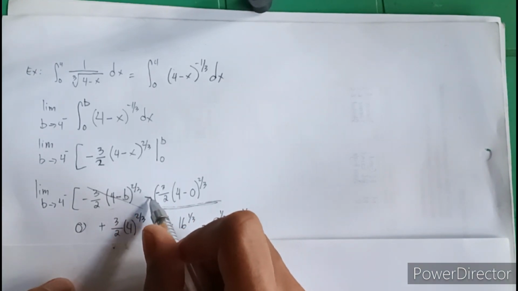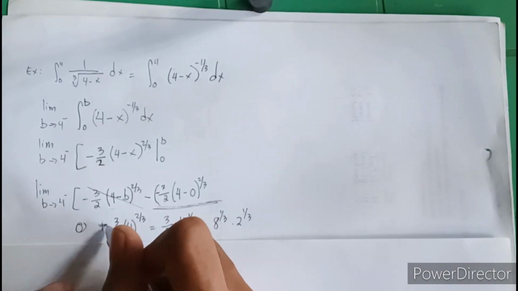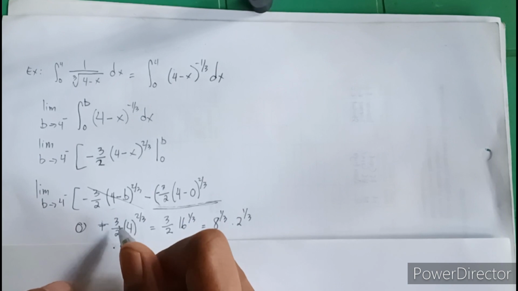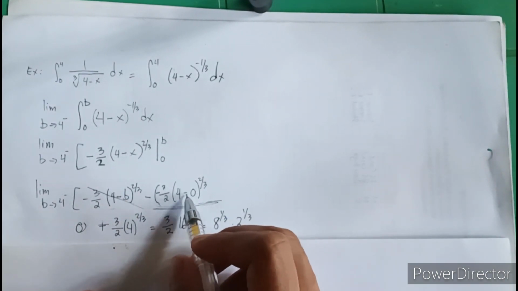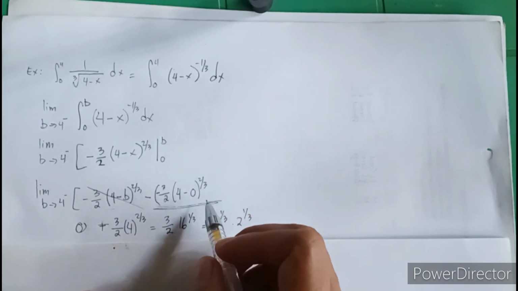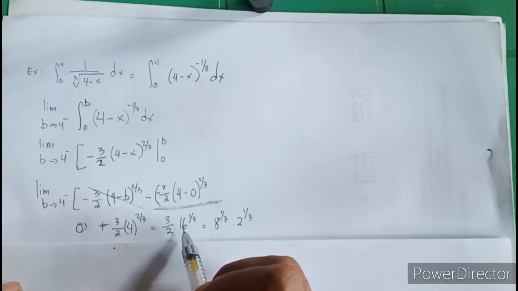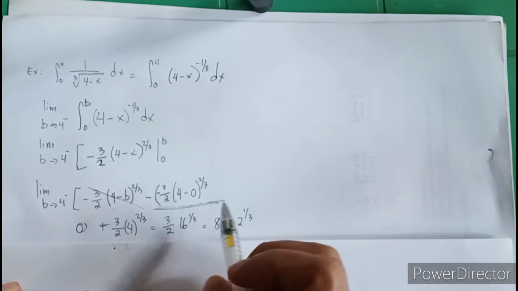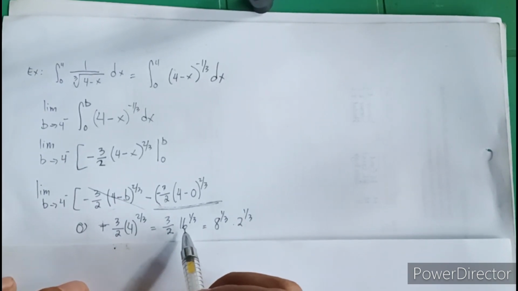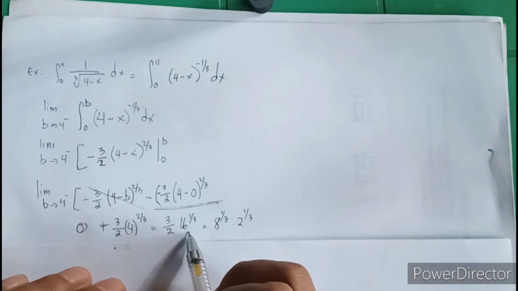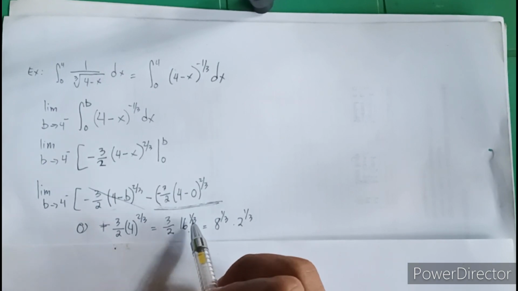If we multiply negative times negative, we get a positive, and we keep 3 over 2 times 4 minus 0, which is 4, raised to 2 thirds. Simply, we can write this as 3 over 2 times 16 raised to 1 third.